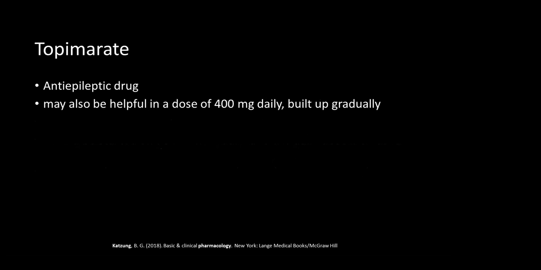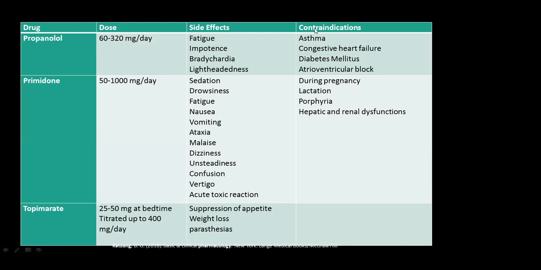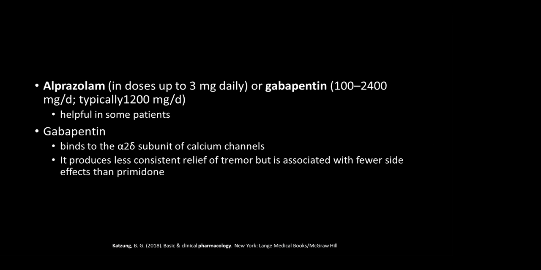Topiramate is an anti-epileptic drug, which may also be helpful in a dose of 400 milligrams daily, built up gradually. Alprazolam in doses of up to 3 milligrams daily, or gabapentin 100 to 2,400 milligrams per day, typically 1,200 milligrams per day, is also helpful in some patients.